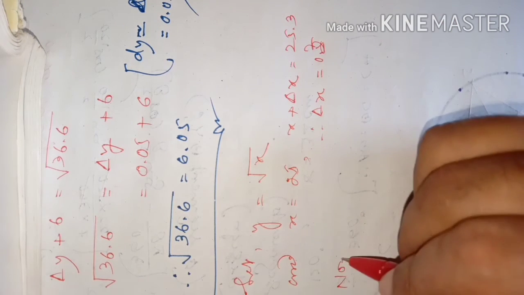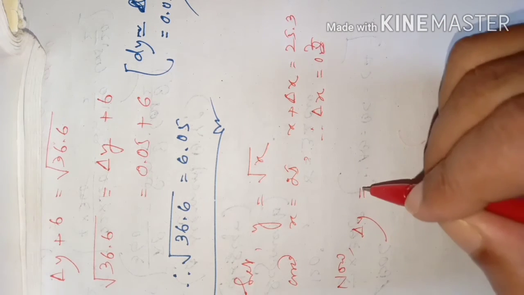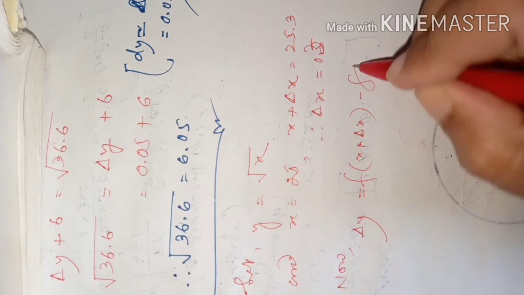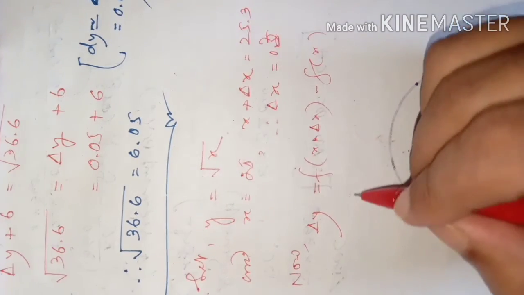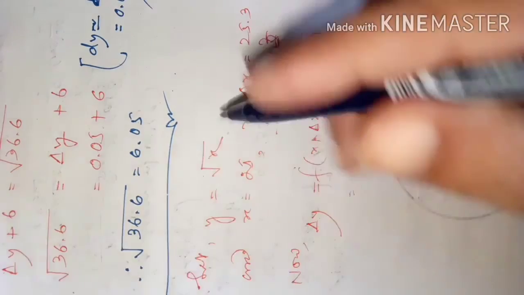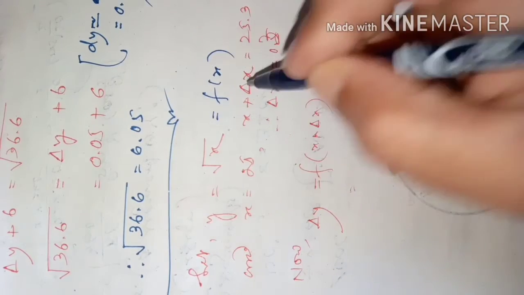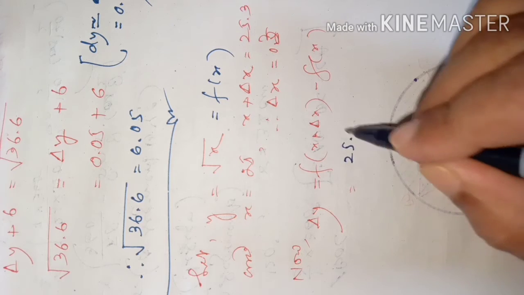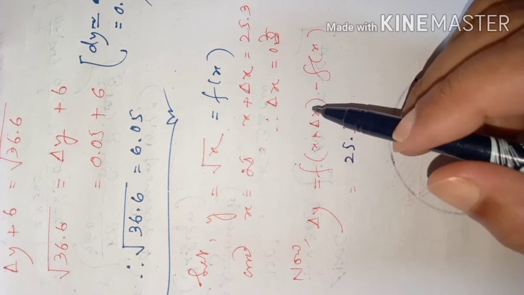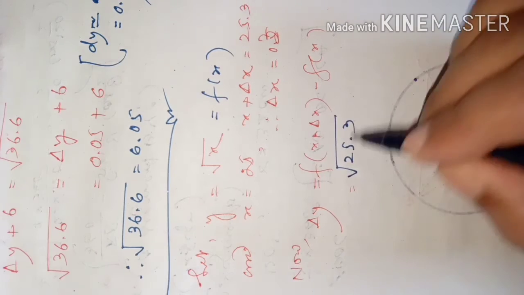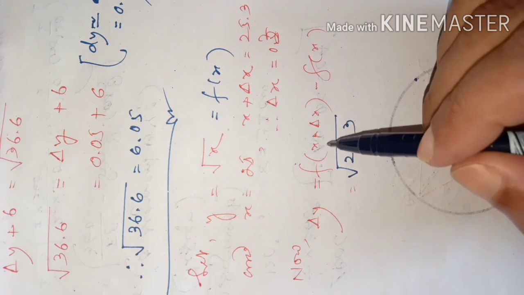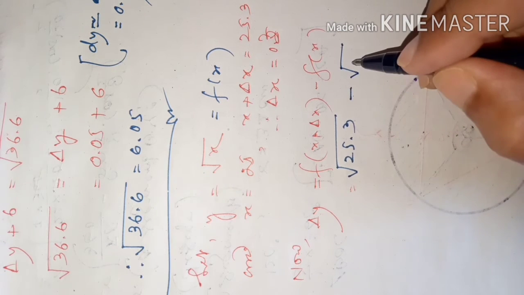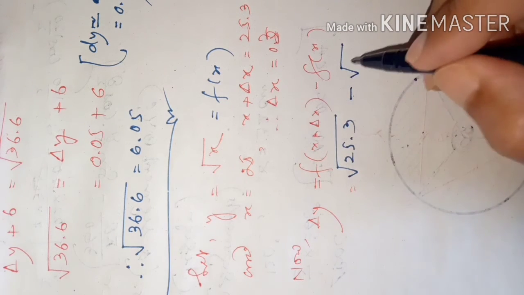Now delta y is what? f of x plus delta x minus f of x. So what is f of x? f of x is the y that we have considered. And f of x plus delta x means under root 25.3, minus f of x, which is under root 25.